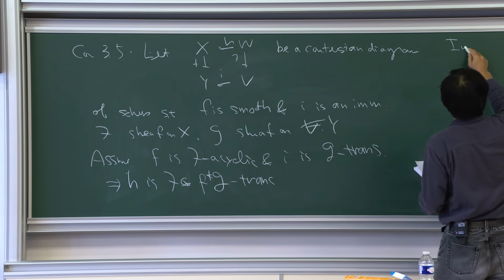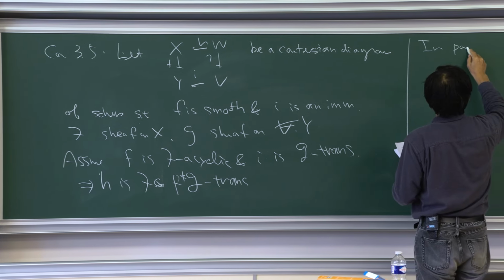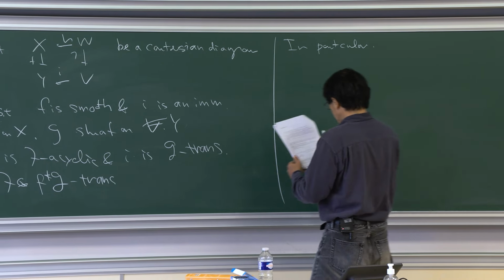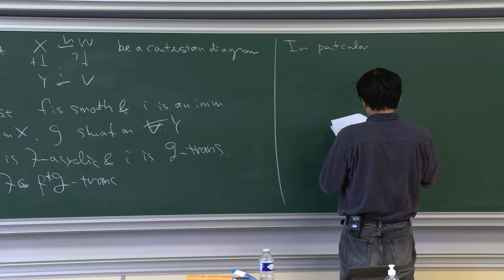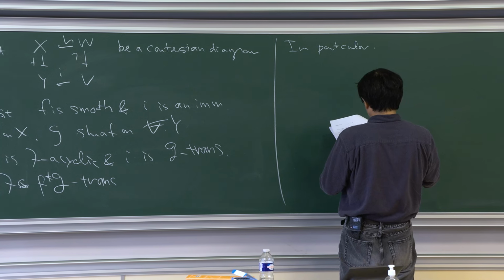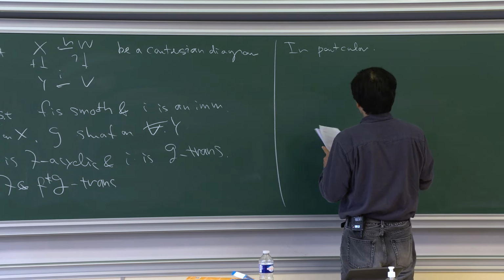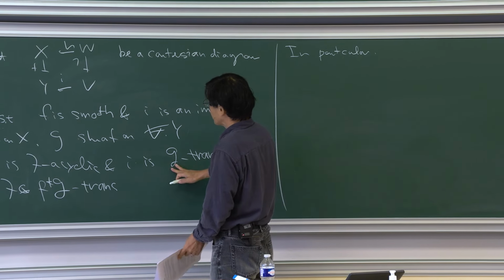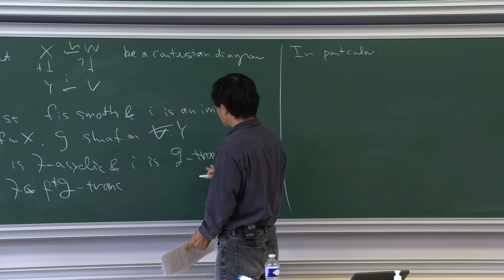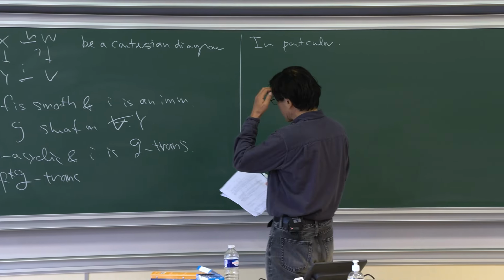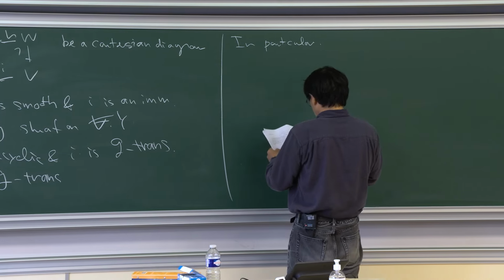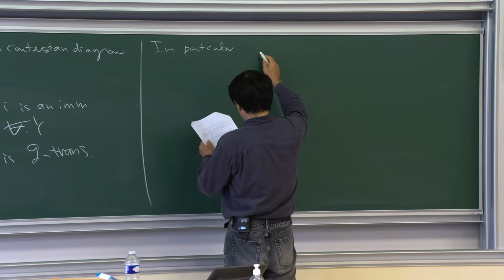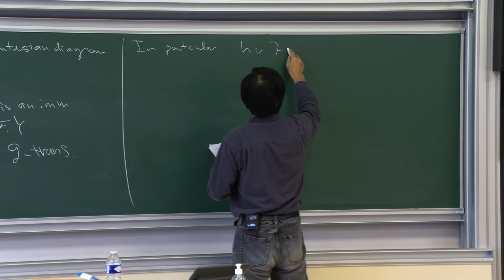So in particular, if we take G to be just lambda, then this transversality is satisfied always, and then just this acyclicity implies h is F transversal.